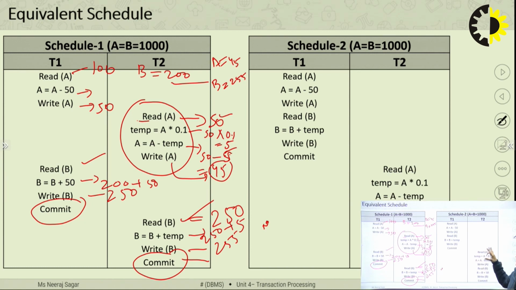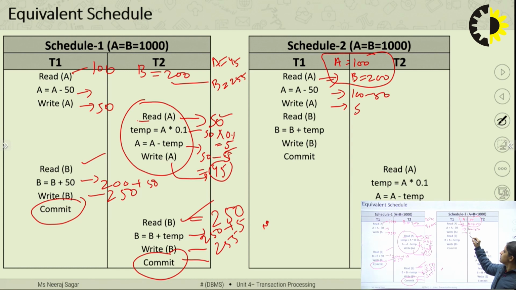Here this is schedule 2, and it also contains two transactions, T1 and T2. We start again from A. Let's suppose A is 100 and B is 200. These are the initial values of A and B. Now start from here, read A. A is 100, then perform this operation, 100 minus 50, then write A, that is 50.